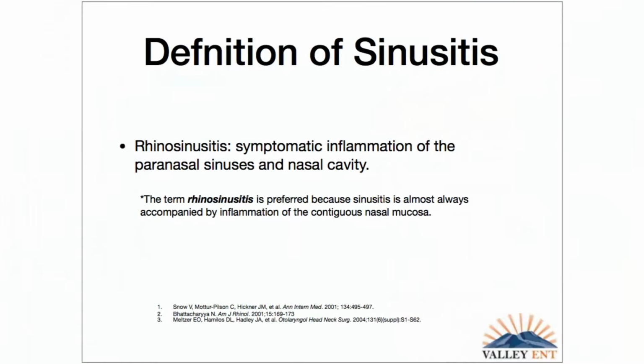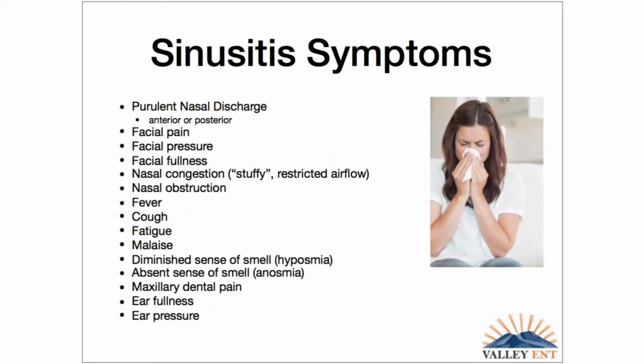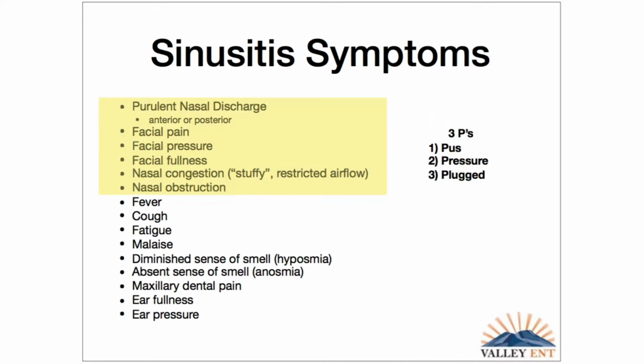Definitions: rhinosinusitis, very simply, is symptomatic inflammation of the paranasal sinuses and nasal cavity. Here's a litany of sinusitis symptoms that patients get. I just want to focus on these top ones because they're very specific for sinusitis. So patients with sinusitis get what I like to call the 3 Ps: pus, pressure, and plugged.